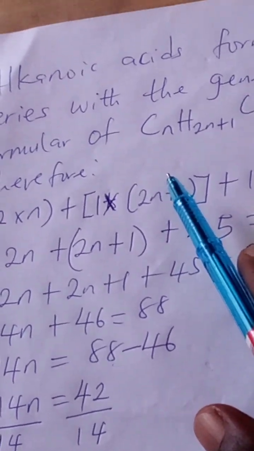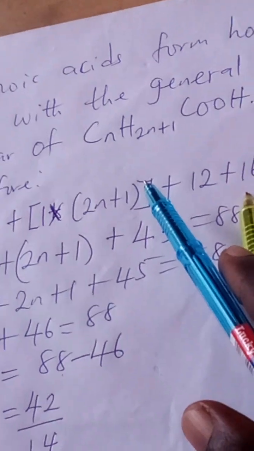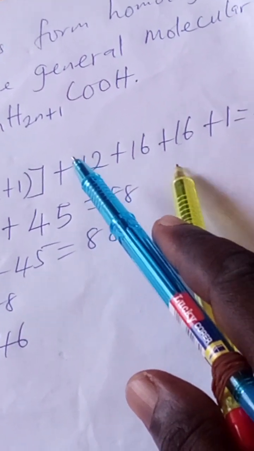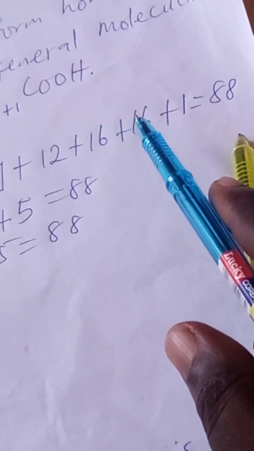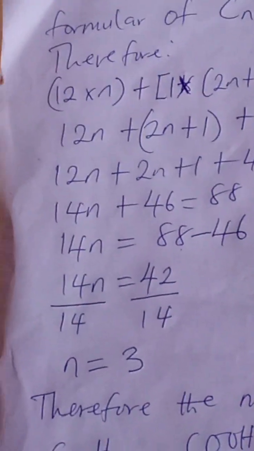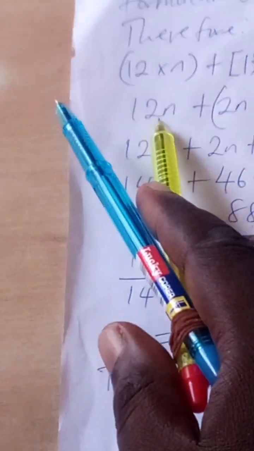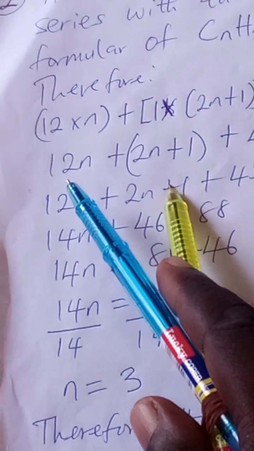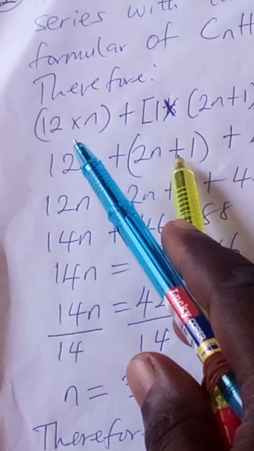12. So where do we get the 12? That's the C, and then plus 16, that's the O for the oxygen, another 16 again for the oxygen, then the H, which is 1, and it equals 88. This 88 was also given in the question. So from there we are going to have 12 times n is 12n, plus the open bracket, because we have to multiply with this bracket here.